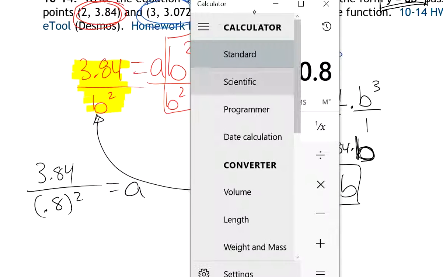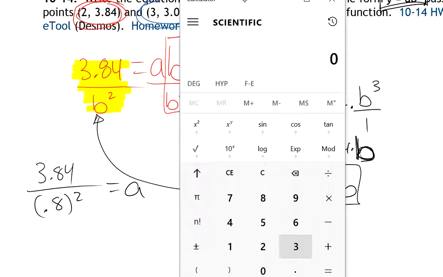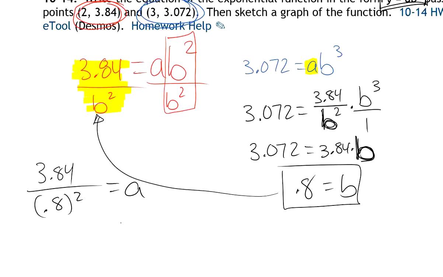It's in standard form, so I'm going to go to scientific. So 3.84 divided by 0.8 raised to the second power. Interesting. And that equals 6. Who knew? So a, our zeroth term, is 6.